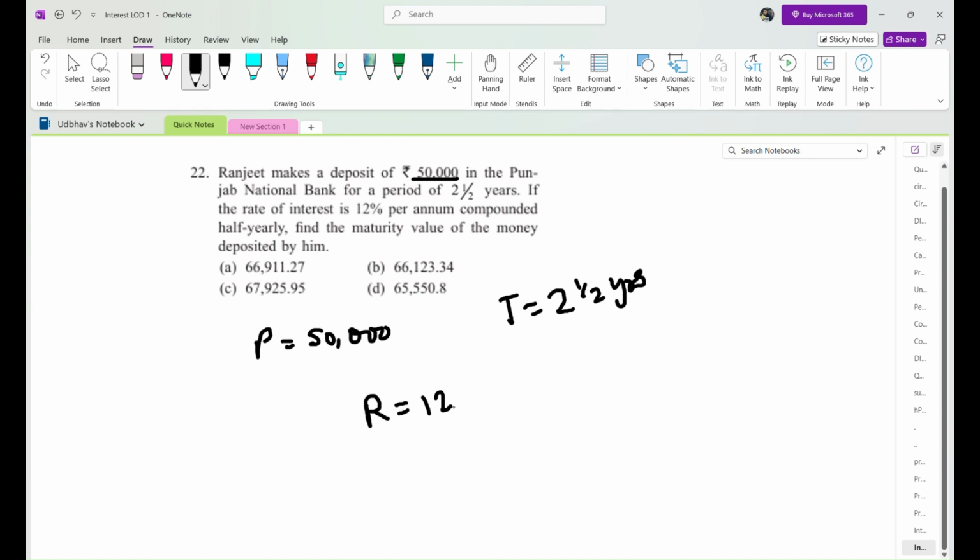The rate is 12% per annum, but it is compounded half yearly, so we'll take 6% half yearly.